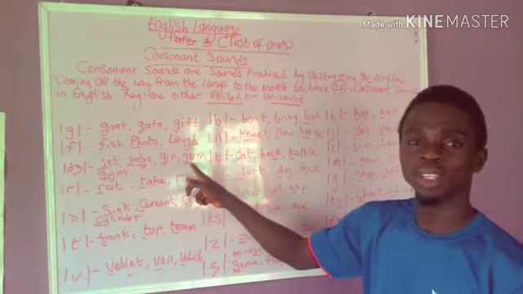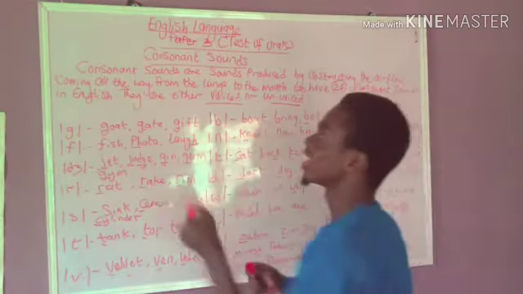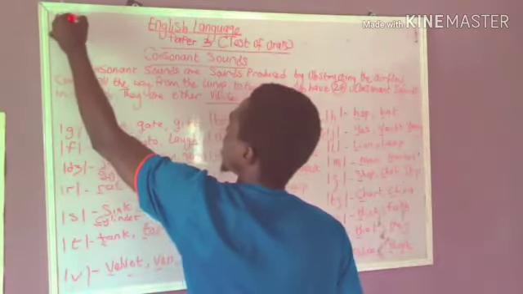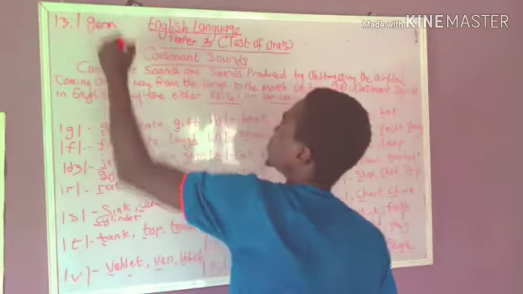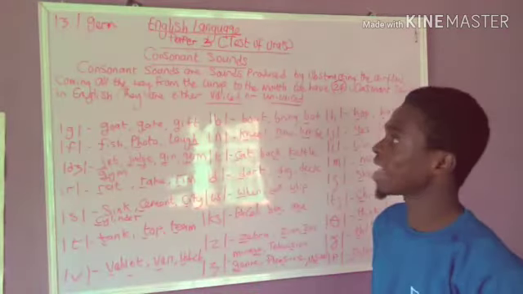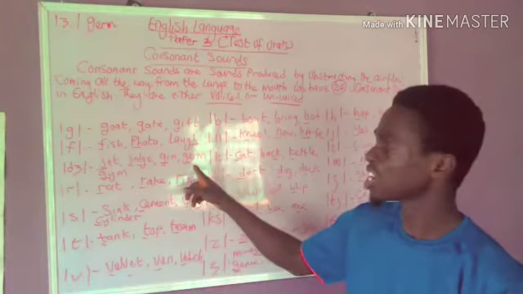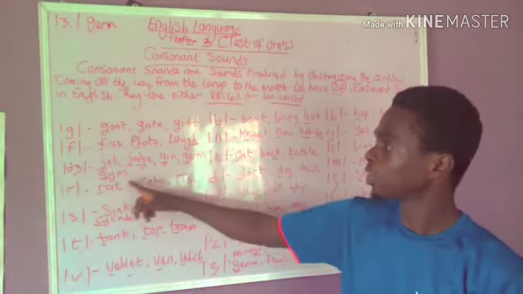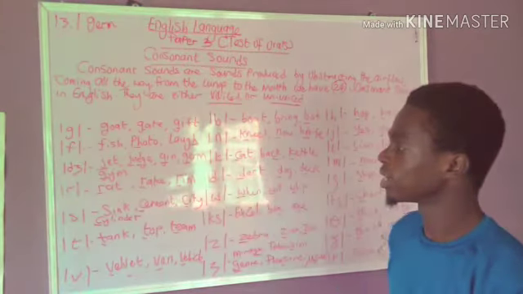Remember the long vowel sound air. Germ. Okay, so you stress and place emphasis on its pronunciation. Germ. Gym. Okay.